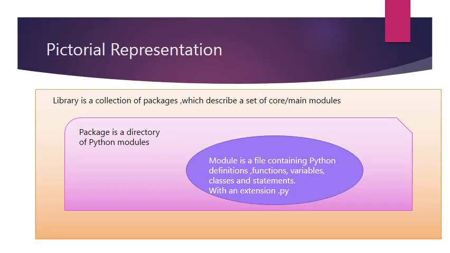The collection of modules, or a directory of Python modules, is known as a package, which gets stored in a library. So a library is considered a collection of packages which describes a set of core or main modules in Python.